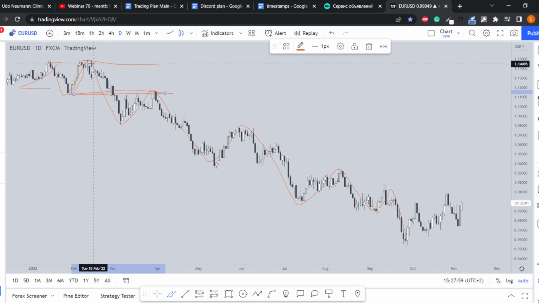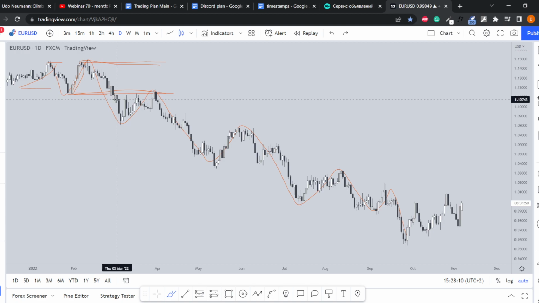No, it's not working like this. So we have this big zone, and then we can expect, and by the way, when this zone is validated, when we have a break and the creation of a new range from a structural perspective, okay? This is the time where you need to have your structure understanding really clear, because I will not go and explain structure here.